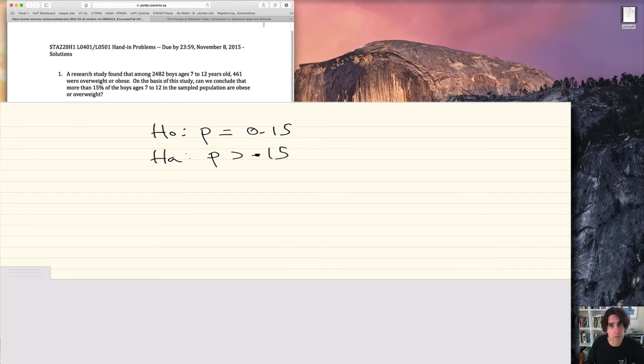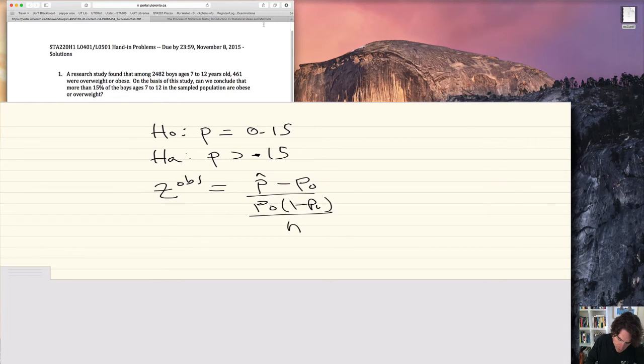So let's do what I previously discussed. We'll calculate the Z statistic, the observed value, the test statistic, and that's equal to P hat minus P0, divided by the square root of P0 times 1 minus P0 over N.